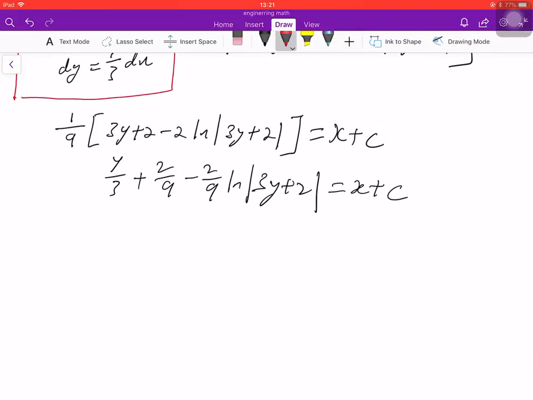Now one thing to take note of is that we have an arbitrary constant c, and then we have a constant value on the left hand side of the equation, so we can combine these as one arbitrary constant. That means we can replace this arbitrary constant as c bar, equal to c minus 2 divided by 9.